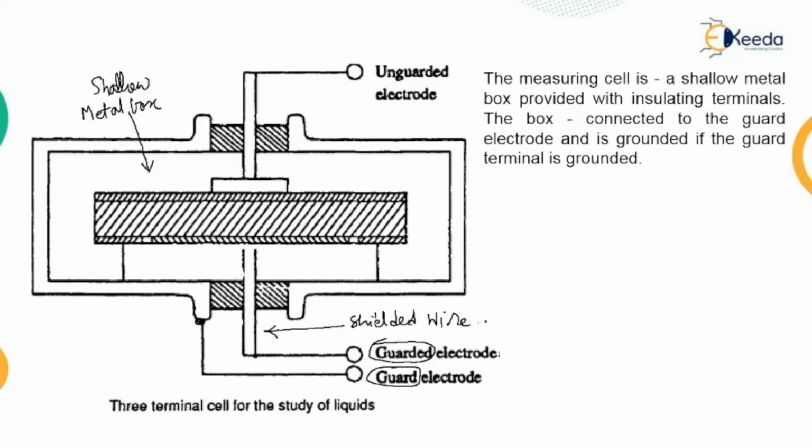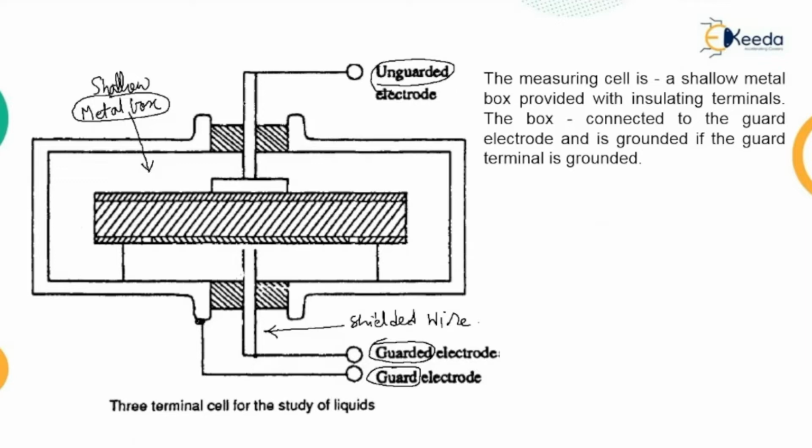In case the unguarded electrode is grounded, the entire box is to be placed on insulated supports and placed in a grounded shield to eliminate the induced voltage, and the lead from the guard electrode is doubly shielded.